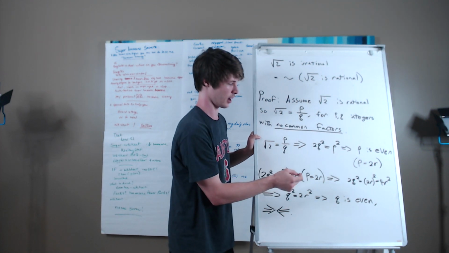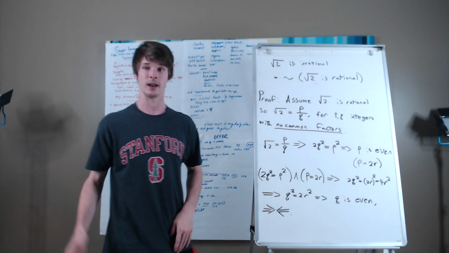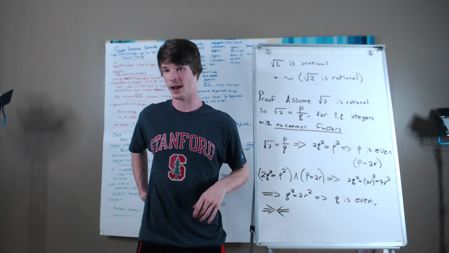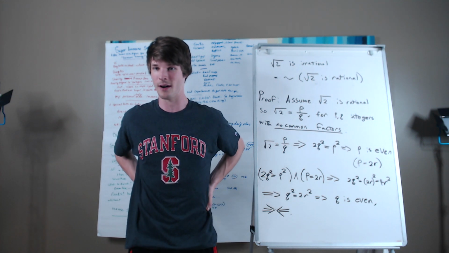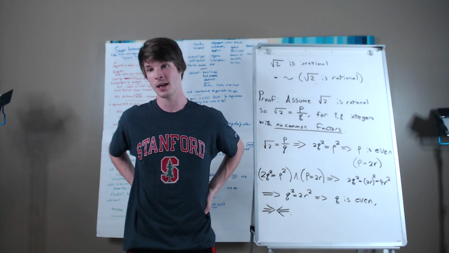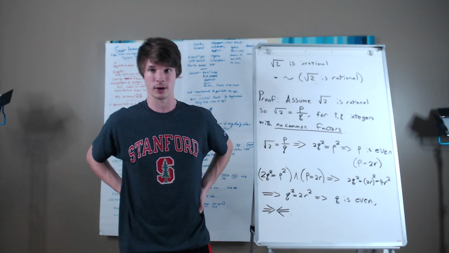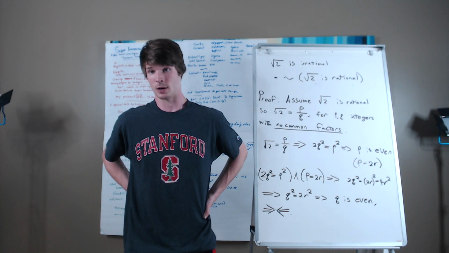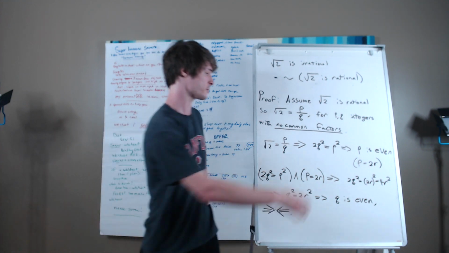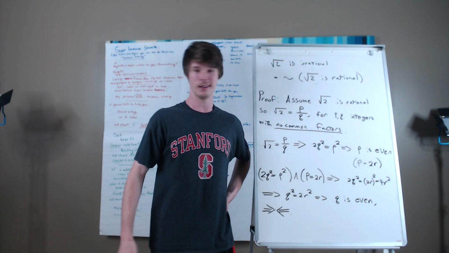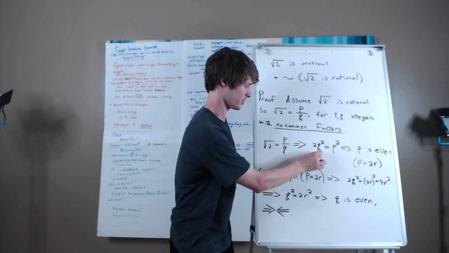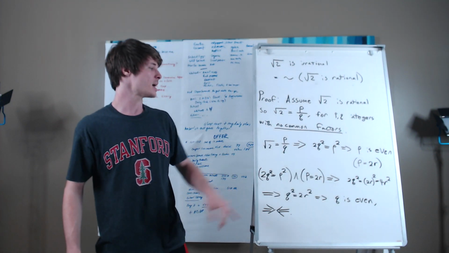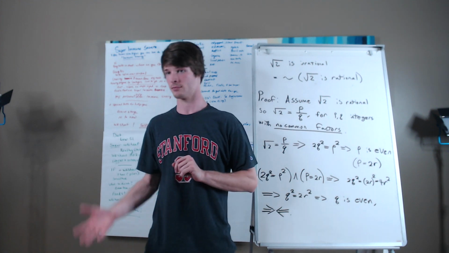And this implies that p is even. And now that's less clear, but you can actually figure that out just by taking some even and odd numbers and squaring them in your head. If you square an odd number, you only ever get an odd number as a result. If you square an even number, you only ever get an even number as a result. So that means if I'm squaring a number p, and I'm getting an even number as a result, because that's what this is, it's 2 times some other integer, then it must be that p is even.